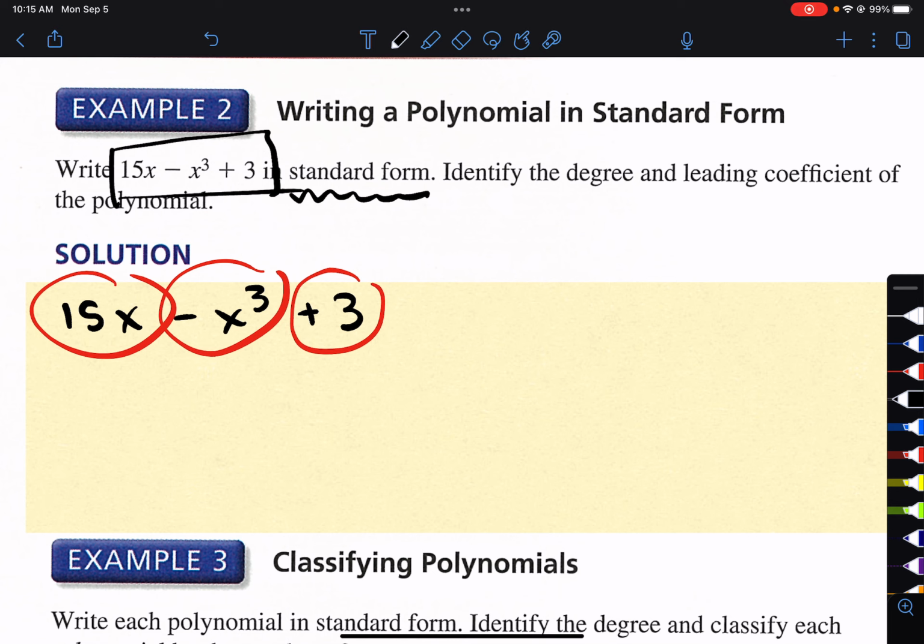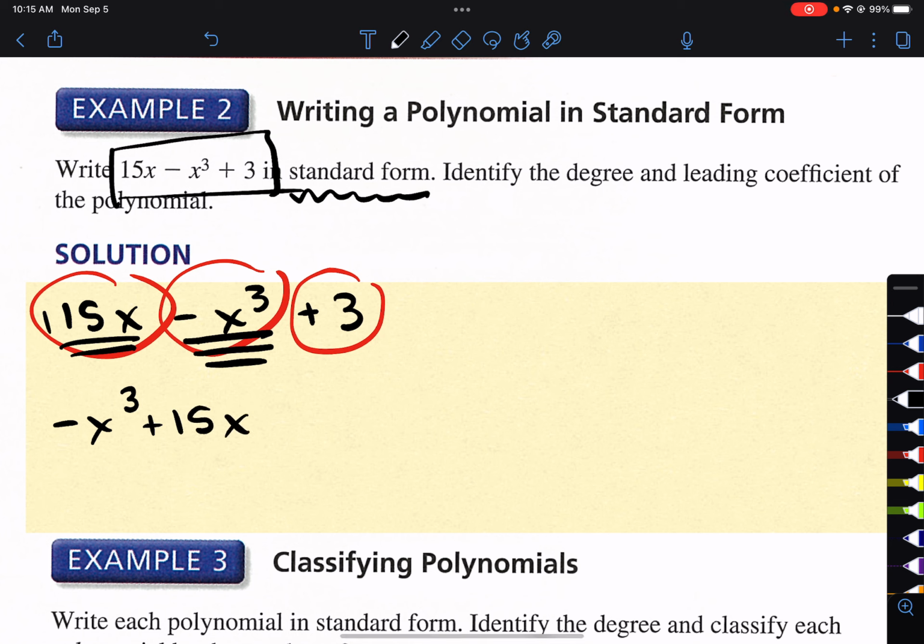And I want to put them in the correct order so that I'm in standard form. I pick the one with the biggest exponent first. So negative x cubed goes first. And then I work my way down. There's nothing with an x squared. There is something with just an x. That 15x would be plus 15x.